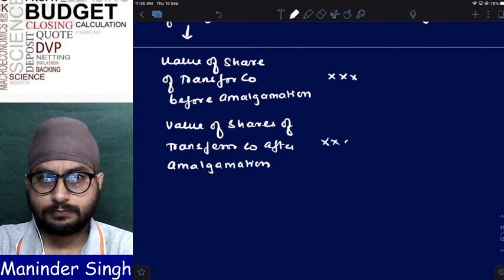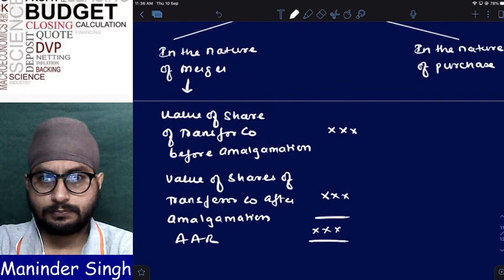This difference will be considered as what? AAR, amalgamation adjustment reserve. Correct or not? Yesterday we did the same thing. We compared the value of shares before amalgamation with value of shares after amalgamation. The difference was considered as amalgamation adjustment reserve.